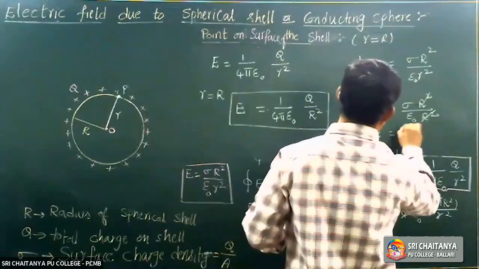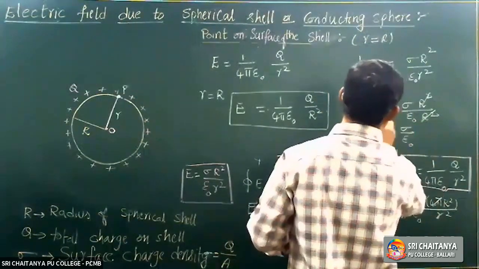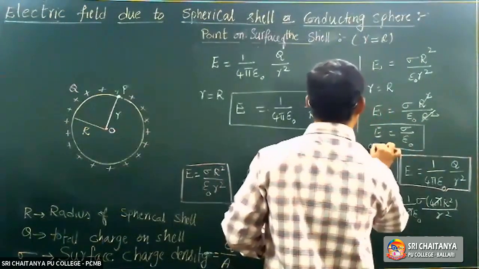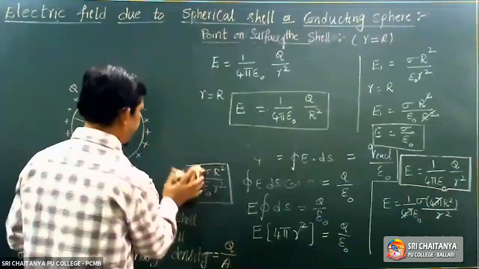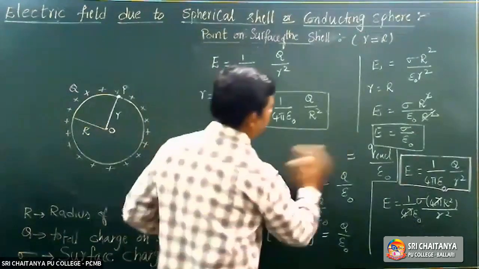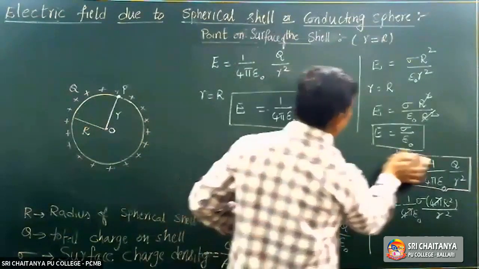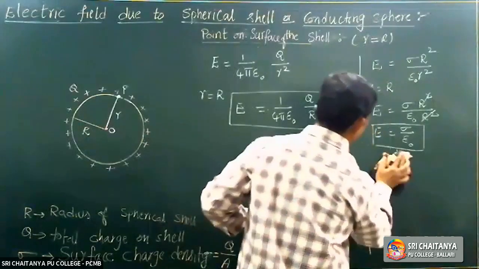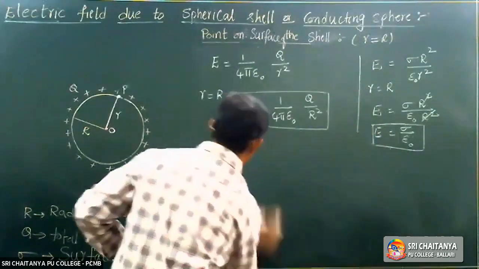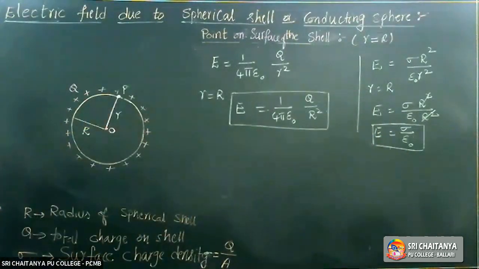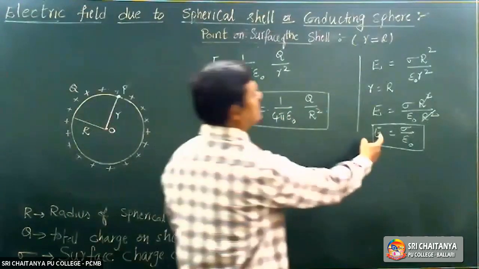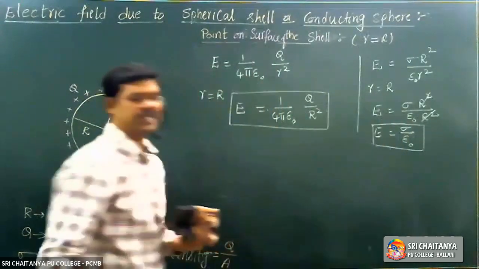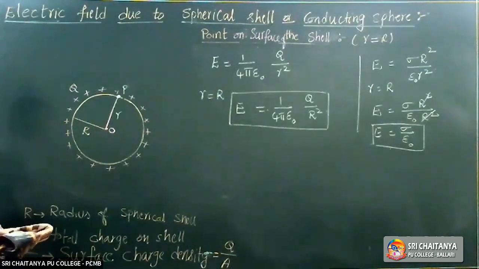E is equal to sigma by epsilon naught. This is the expression for a point on the surface of the shell. This is E in terms of Q and R, and this is E in terms of surface charge density on the surface.